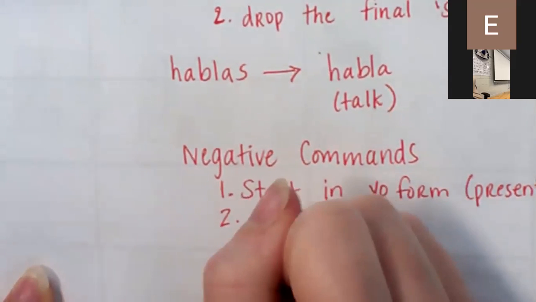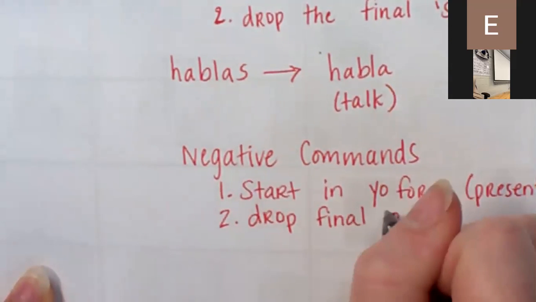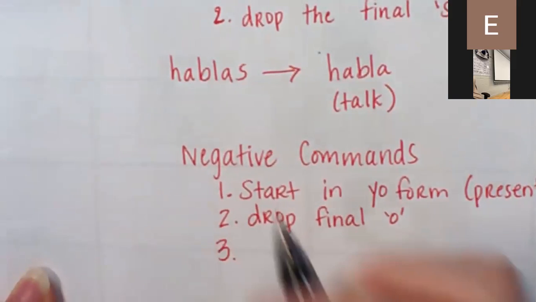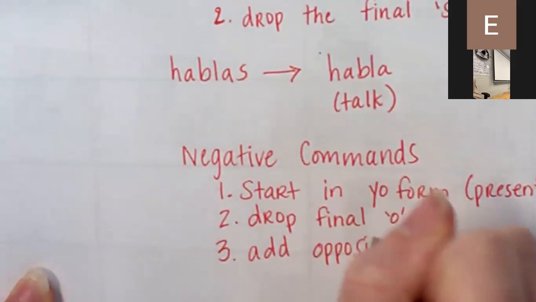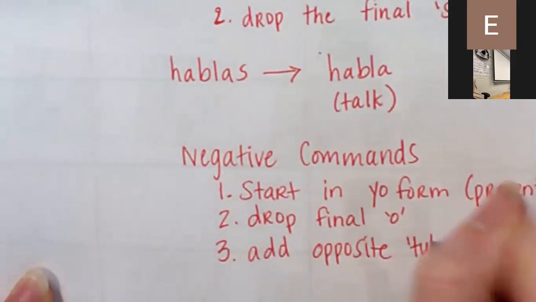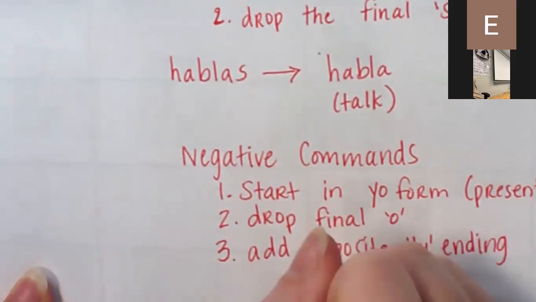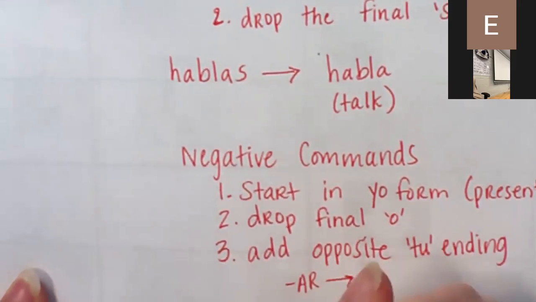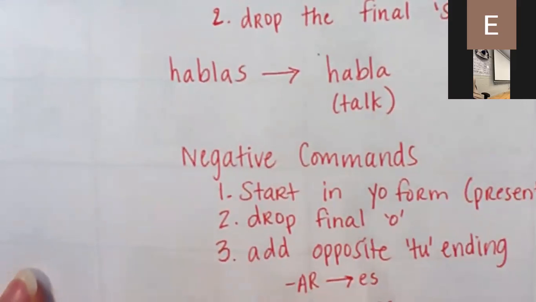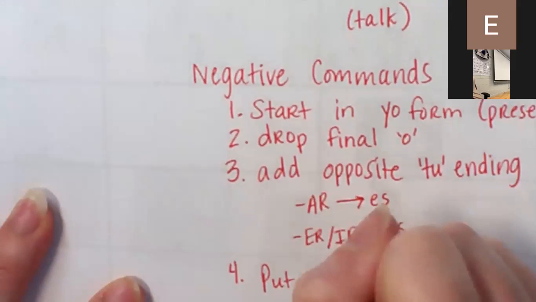You drop the final O. And what I typically say is that you add the opposite to ending. So for AR verbs, that would be an ES. And then for ER and IR verbs, it's an AS. And then number 4, our last step, is that you put no in the front.